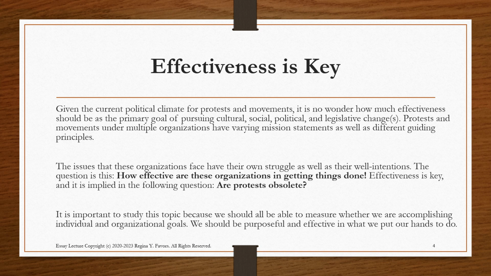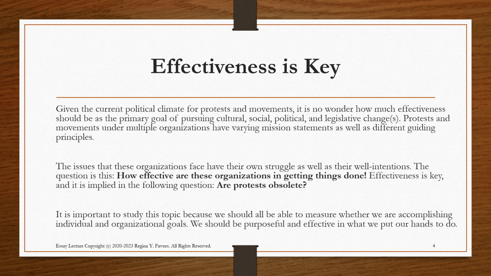So it is important to study this topic because we should all be able to measure whether we are accomplishing individual and organizational goals. We should be purposeful and effective in what we put our hands to do. In other words, if an organization sets 3 annual goals to conduct a sit-in, conduct a protest, conduct a communication call, any of those goals, and they accomplish at least one of those goals, then no, protests are not obsolete, right?